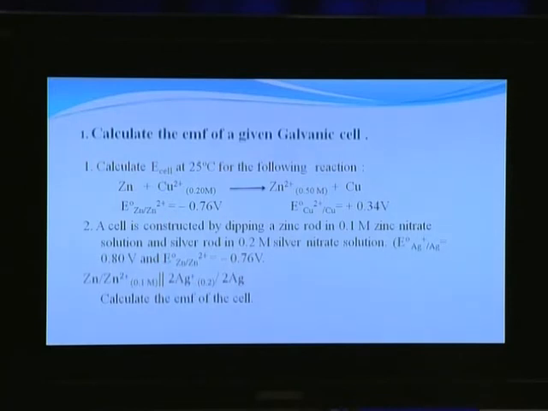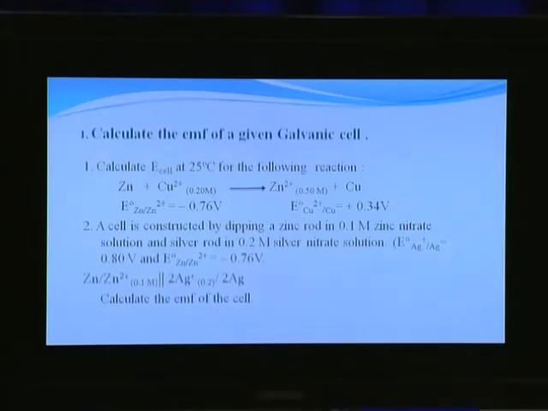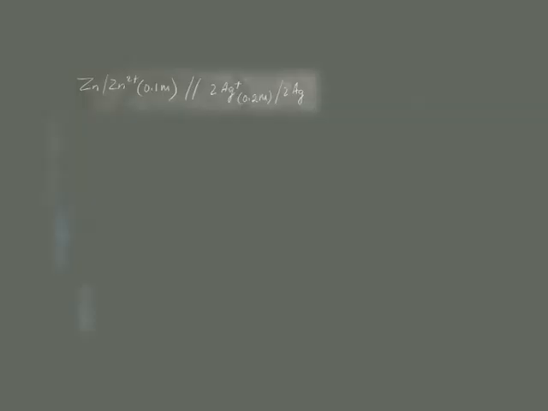Now, let me copy this second question. Zinc is oxidized to zinc ion, and the concentration of this one is 0.1 molar. We have a salt bridge, and 2 silver ion is reduced to silver.